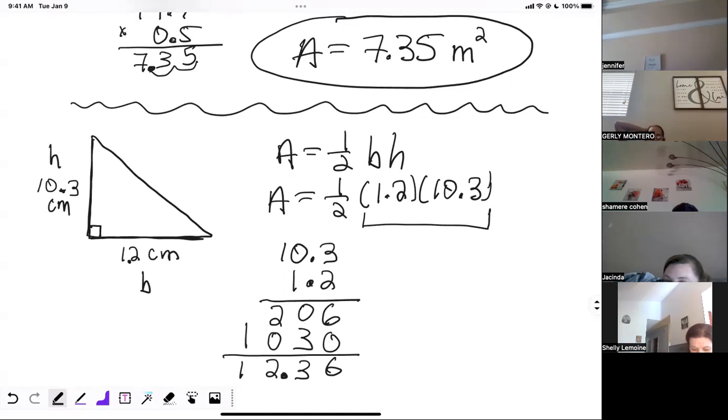So what I really have now is 1/2 of 12.36. So I'm going to multiply that by 0.5. So 12.36 times 0.5.